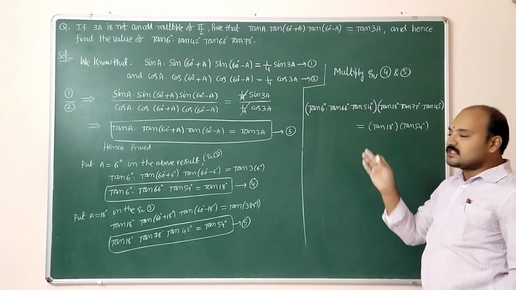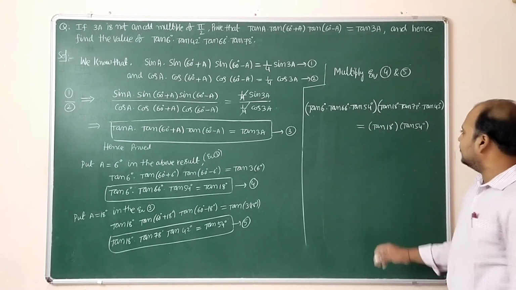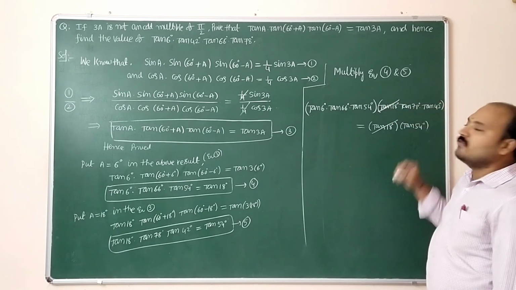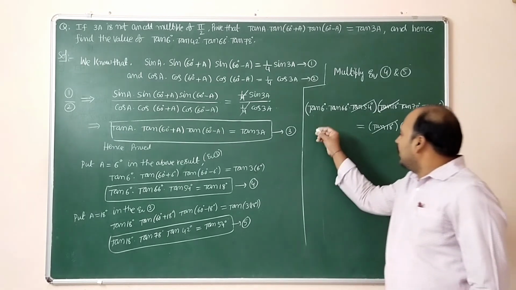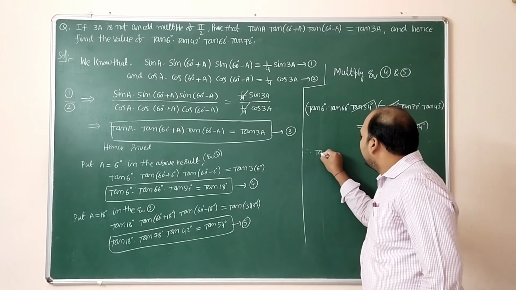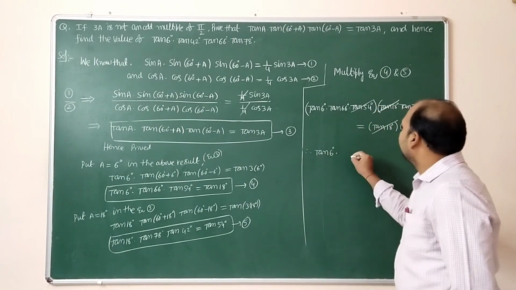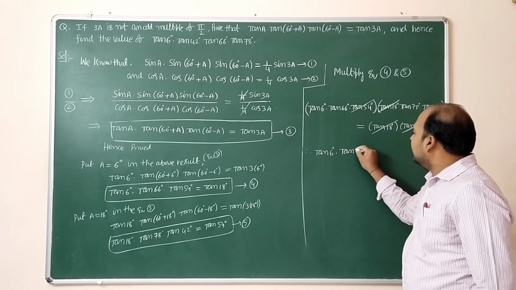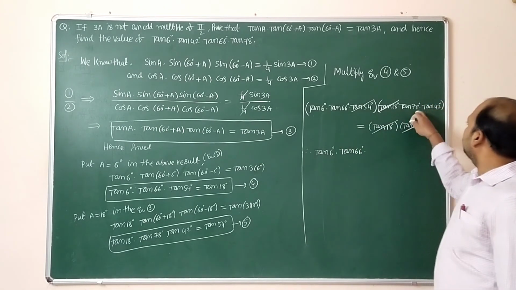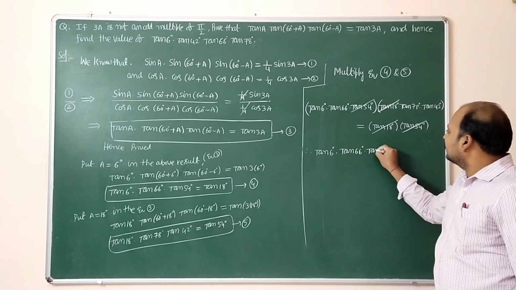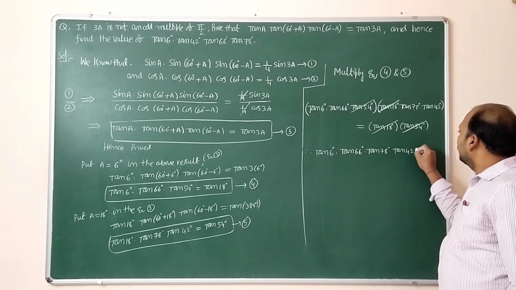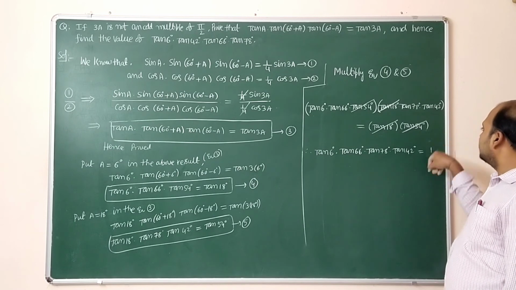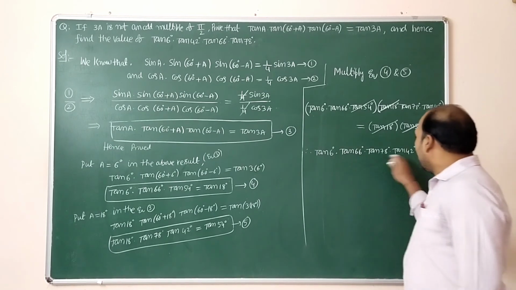So on both sides, same terms you have to cancel. Tan 18 will be cancelled. Tan 54 also cancelled. Therefore, the rest of the terms, tan 6 degrees into tan 66 degrees into tan 78 degrees into tan 42 degrees. On the RHS no value is there, means it is equal to 1. Write in the order.